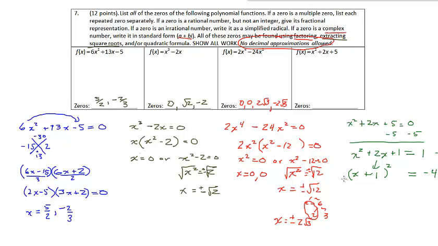Now take a square root of each side. It's plus or minus here. On the left, x plus 1. On the right, it's plus or minus the square root of a negative, so plus or minus square root of 4i.